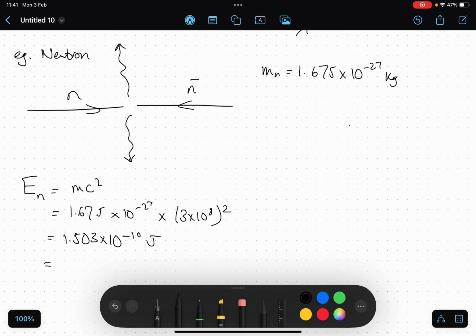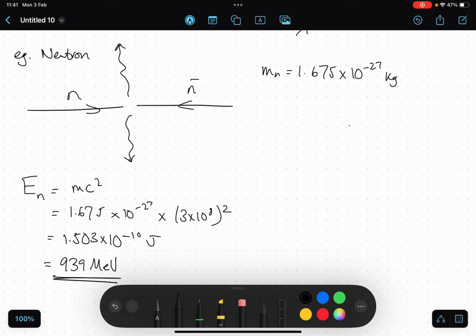And if I just divide that by the charge on the electron, 1.6 times 10 to the minus 19, I get 939 mega electron volts. Remember the energy equivalence of the electron was half a mega electron volt. So that difference in mass gives you an enormous difference in energy equivalence for the neutron.